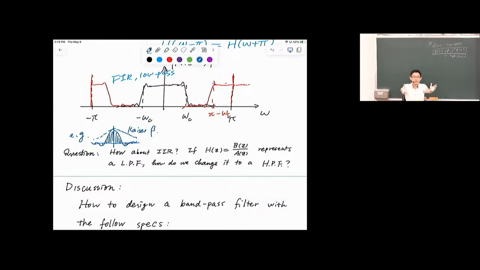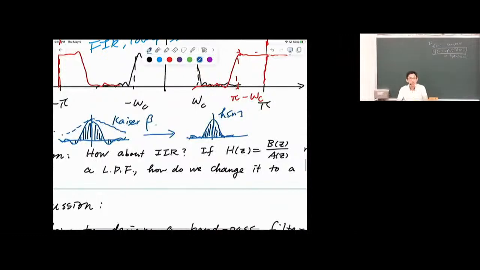A Kaiser window, yeah. Just a recap: yesterday we were talking about FIR design by multiplying the sinc function with the window function. So the result might look like this. After that, you have an FIR filter, which we'll call h of n, which is almost truncated and still symmetric. But I'm suggesting that now we change the polarity.